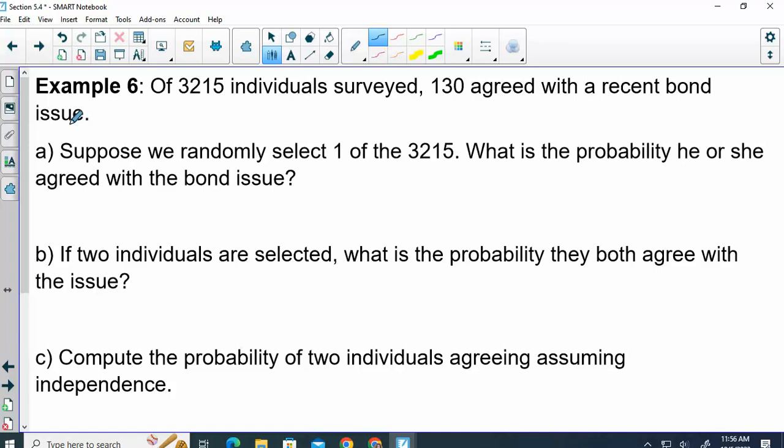Of 3,215 individuals surveyed, 130 agreed with a recent bond issue. Suppose that we randomly select one. What is the probability he or she agreed? So the probability that one person agreed. What do I do?